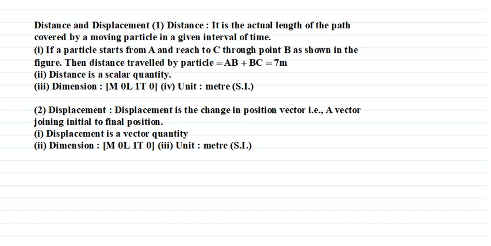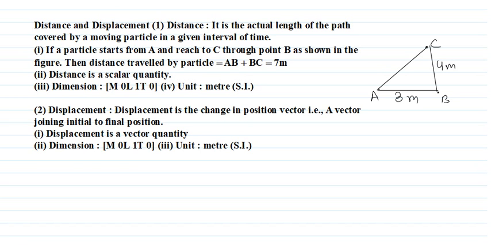For example, let's say here are three points A, B and C. Let's say a boy, a person, or any particle goes from A to B, B to C. The length of the path AB is let's say 3 meter, and the length of the path BC is 4 meter.